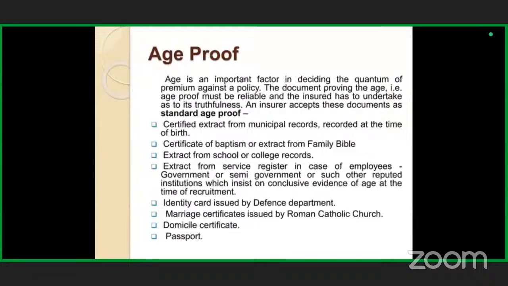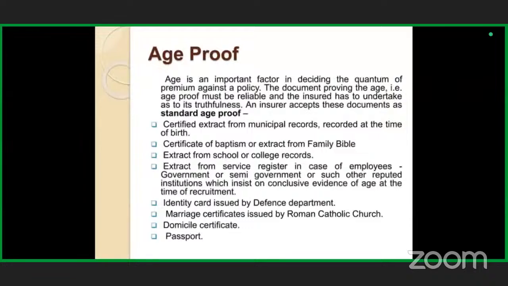Age is an important factor in deciding the quantum of premium against the policy. The document providing the age, that is age proof, must be reliable, and the insured has to undertake its truthfulness. An insurer accepts these documents as standard age proof.